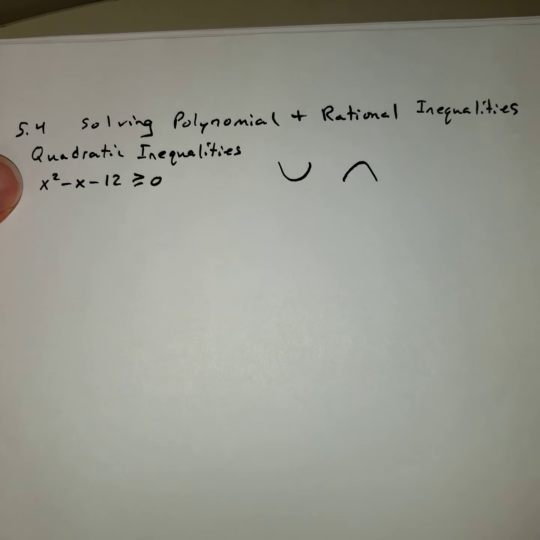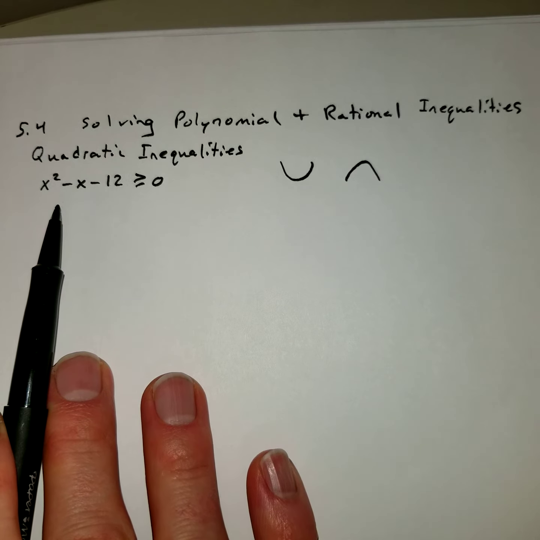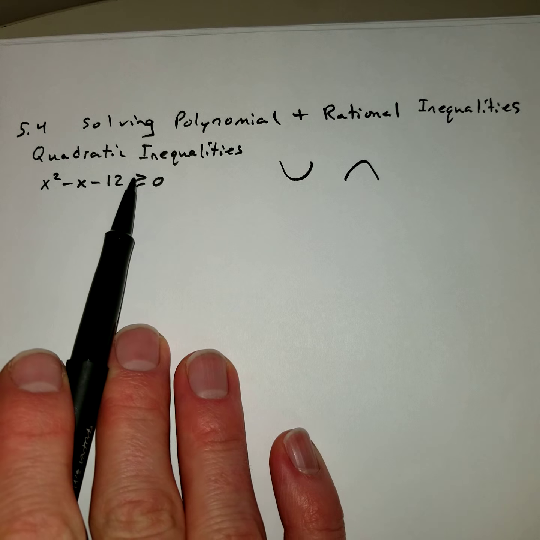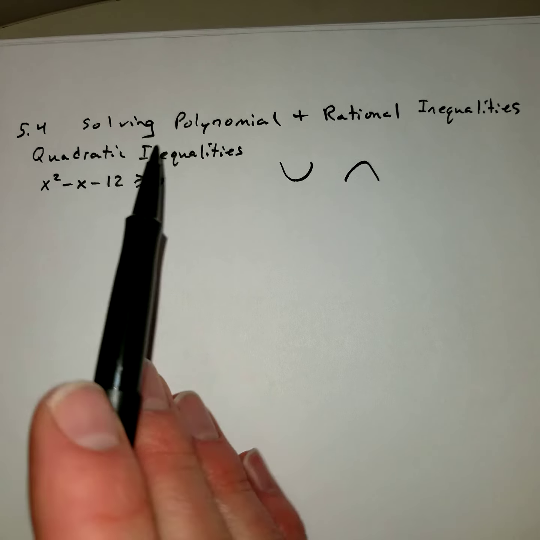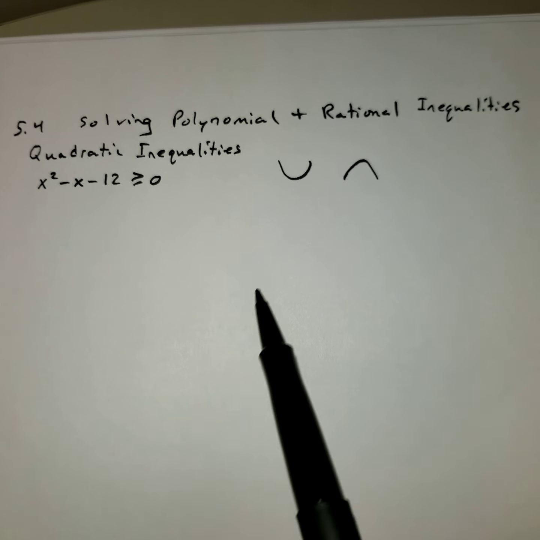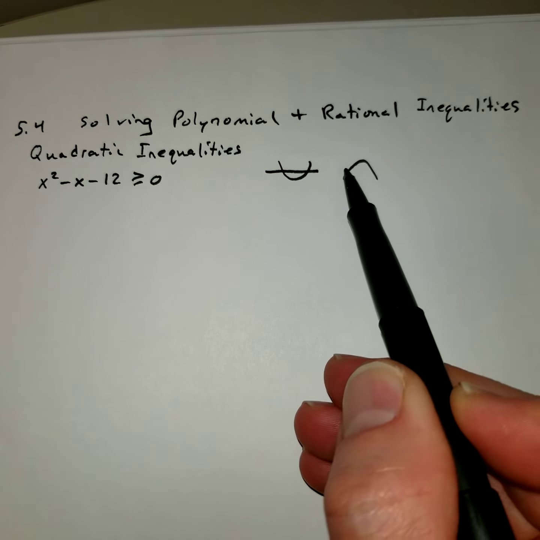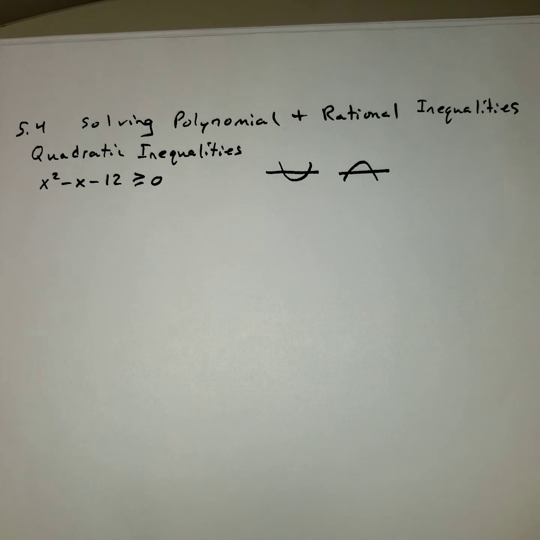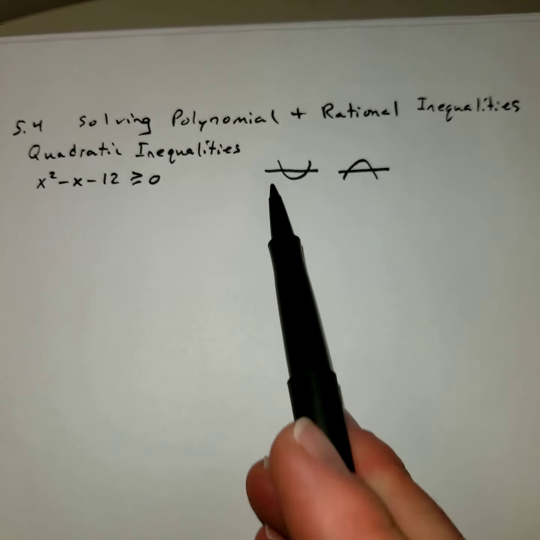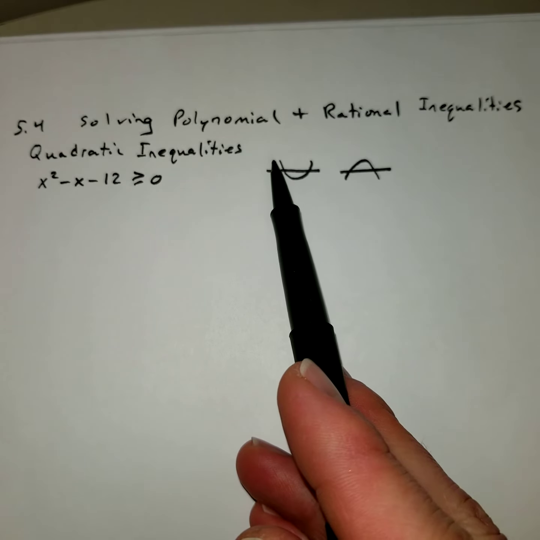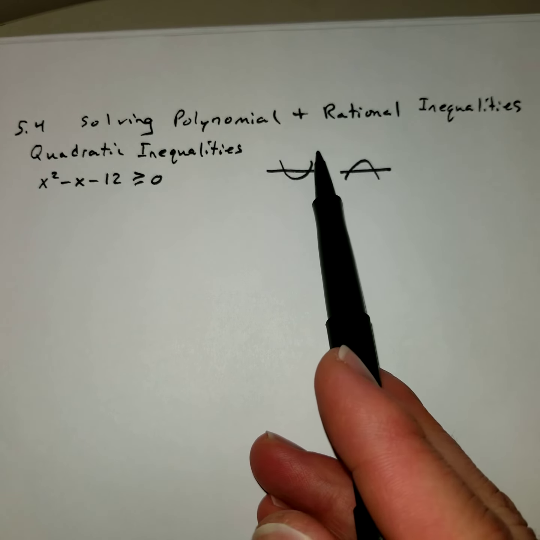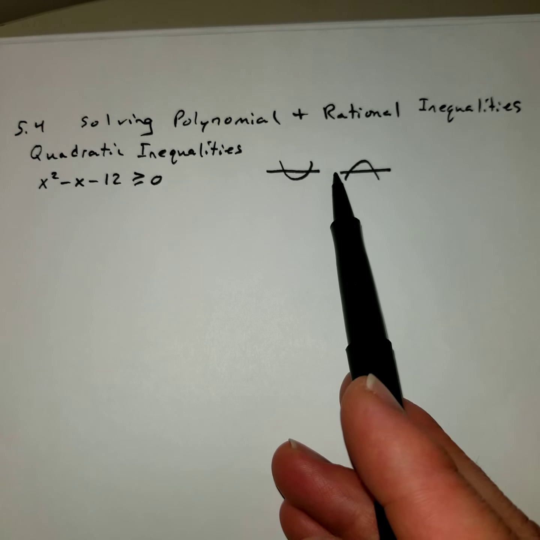And what we're looking for is where this parabola is above the x-axis, because we're looking for it to be greater than 0, the x-axis being 0. Typically speaking, if you have the x-axis running through your parabola, your solutions will either be on the tails when the graph goes above or in the middle.